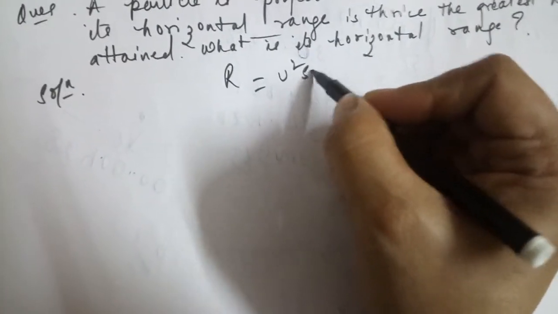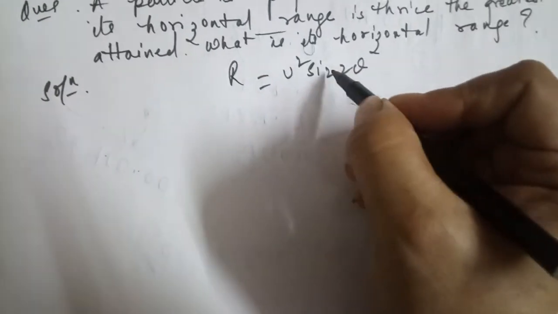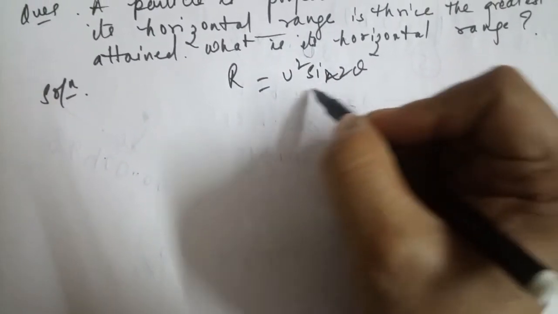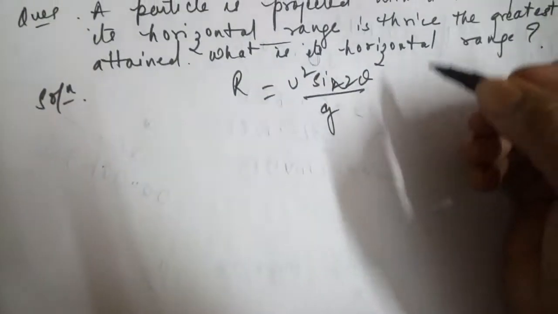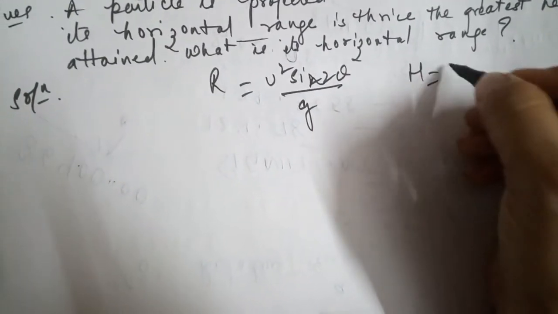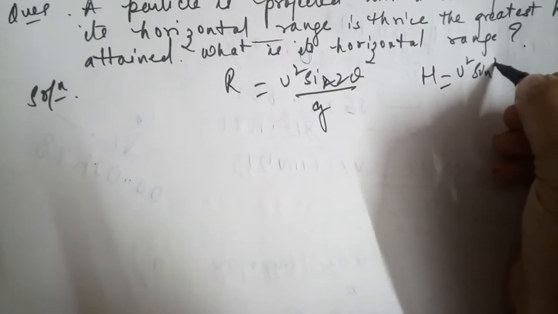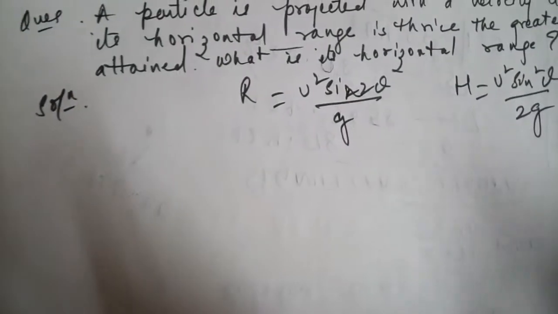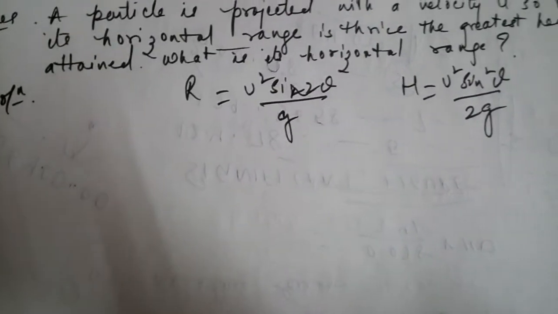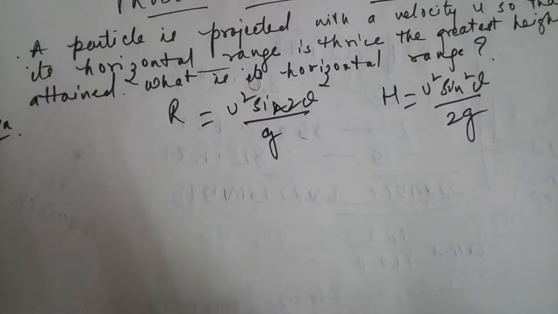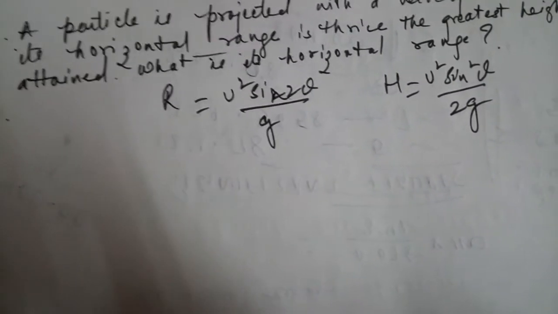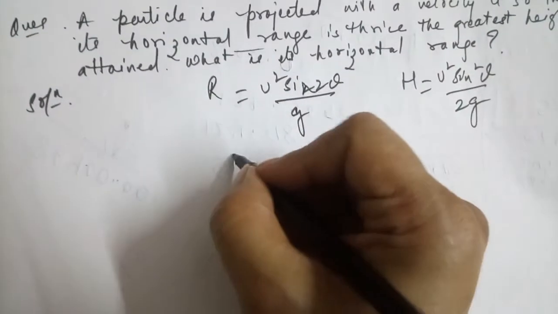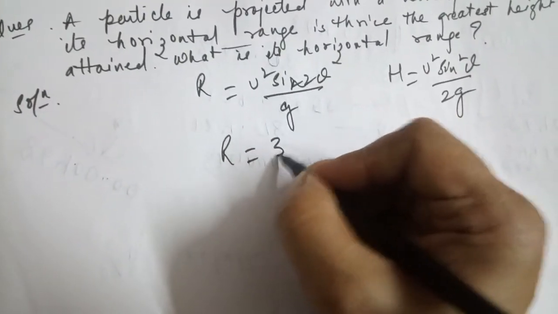The range formula is u square sine 2 theta by g, and the greatest height formula is u square sine square theta by 2g. The condition given is that R is equal to 3H.